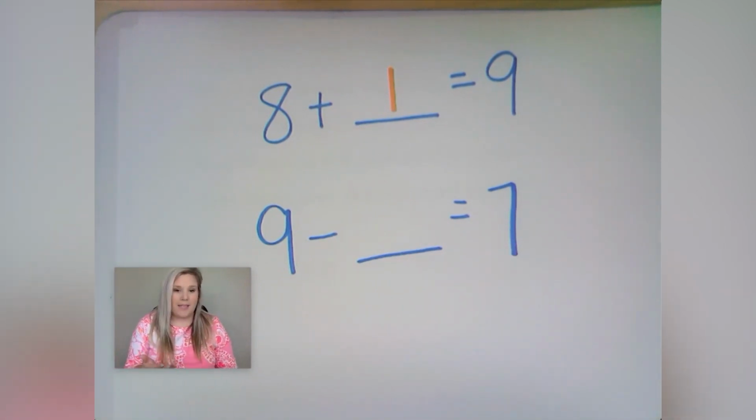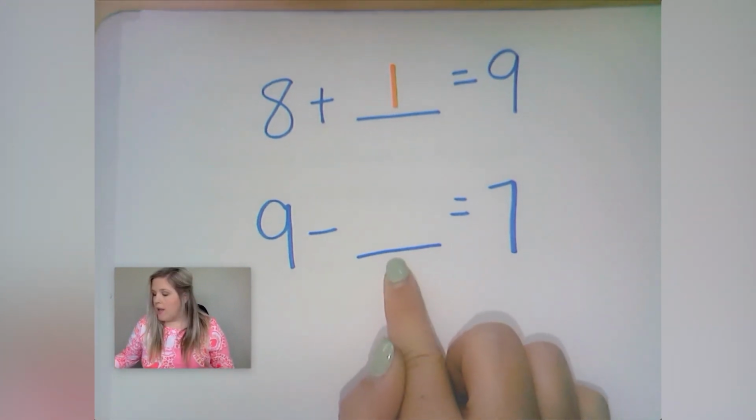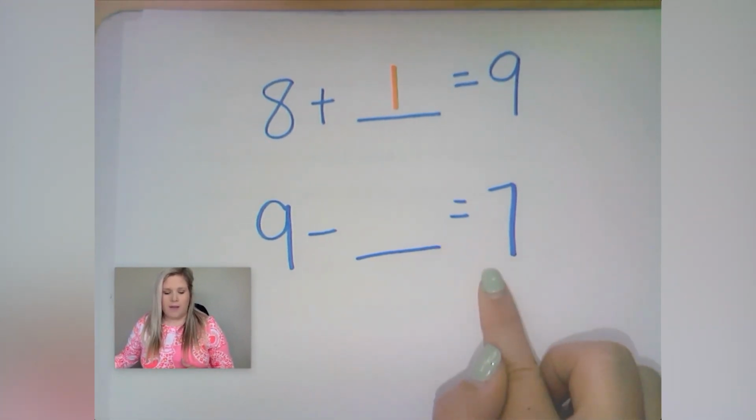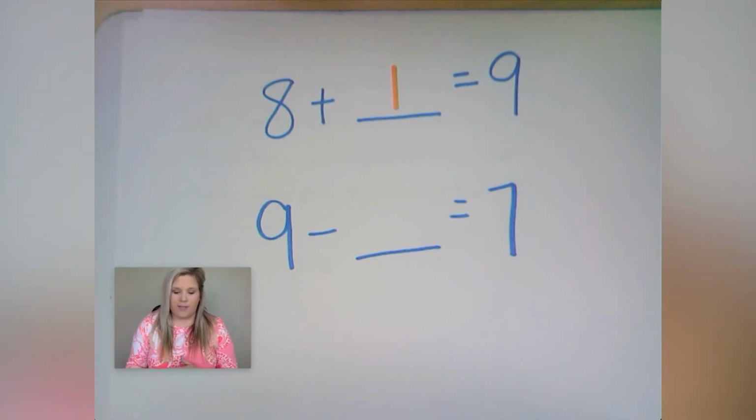This problem states that 9 minus some number equals 7. You might want to count backwards or use the counters that we've used before to find this missing number. I think that I am going to make a model with my counters to help me solve this one.